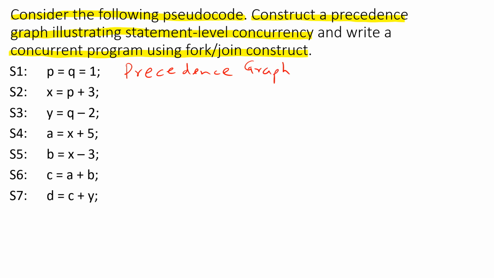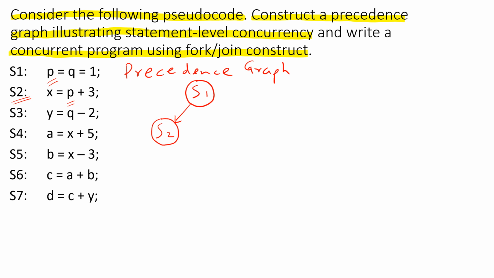So as you can see over here, we have statement 1. Now statement 2 is reading the value of p, which is modified by statement 1. This means that statement 2 is dependent on statement 1.